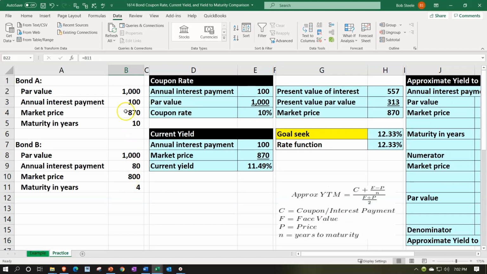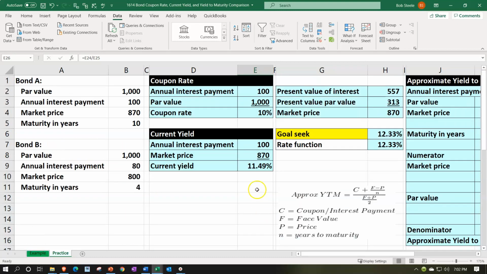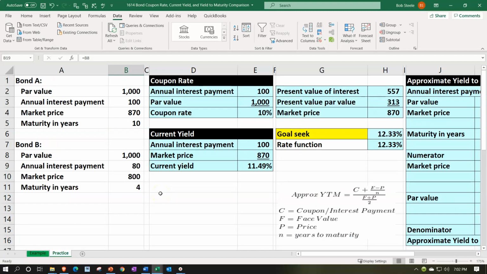If you just compare the interest to the price, the 100 compared to the price versus the 80 compared to the price, that's our first calculation, the 10% and the 11%. But this one is going to be due in 4 years. So when you look at the time value of money, you're closer with that 1,000, and this one's going to be a ways out, 10 years out.